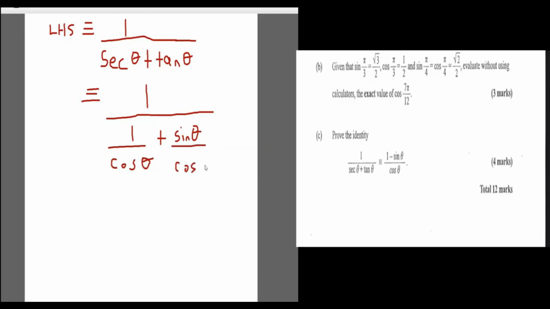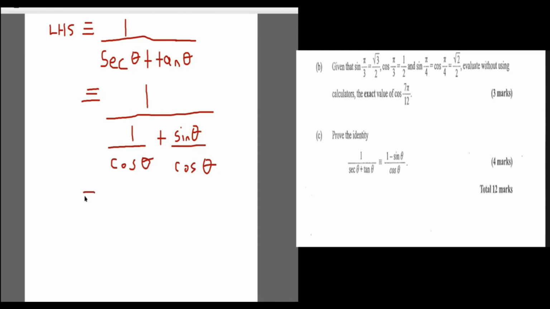Nice and easy. Now, remember what we are told from primary school. Whenever the denominators are the same, we should go ahead and add the numerators. We know that sec theta is 1 over cos and tan theta is sine over cos.